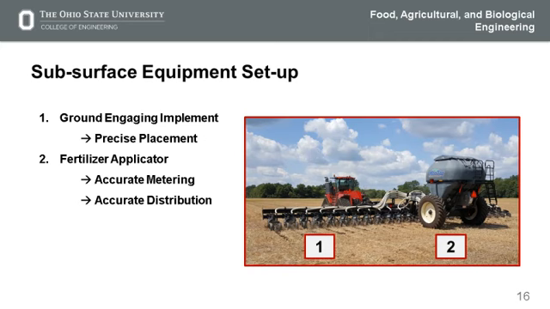But the applicator is responsible for the metering and distribution of those fertilizers. So that corresponds to the rate and also the placement, because these distribution systems can function differently from system to system. So we're going to look at both of these, and there's a lot of opportunities for customization of both of those. You can take a fertilizer applicator on one machine and swap it over. There's a lot of chances for you to build a rig or possibly implement tools in your operation that aren't standard.